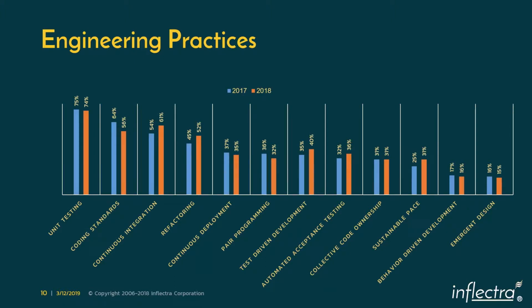So when we look at the engineering practices that contribute to good software development, these practices are unit testing, coding standards, continuous integration, refactoring, continuous deployment, pair programming, test-driven development, automated acceptance testing, collective code ownership, sustainable pace, behavior-driven development, and emergent design. If you see the trends between 2017 and 2018 in this graph, you can see some patterns evolve.